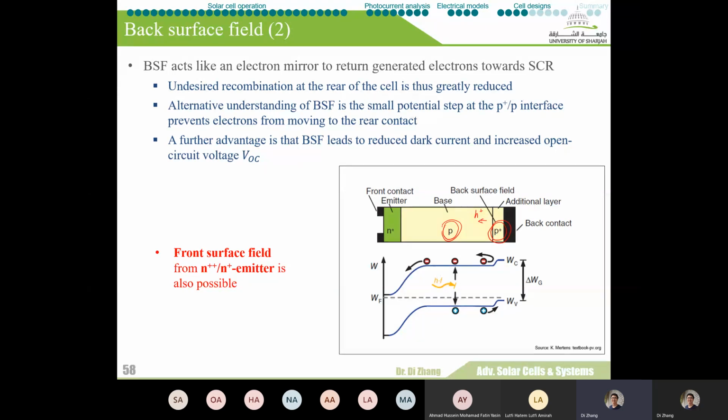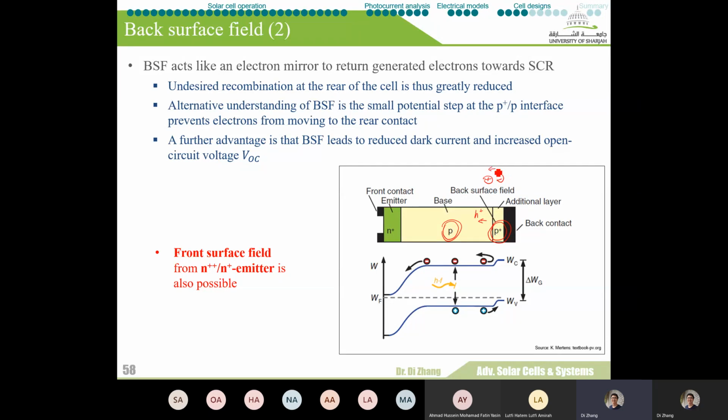This creates locally a space charge region, just like a regular PN junction. We expect more negative space charge on the base side and positive on the other, so negative and positive charges appear at the interface of the back surface field.